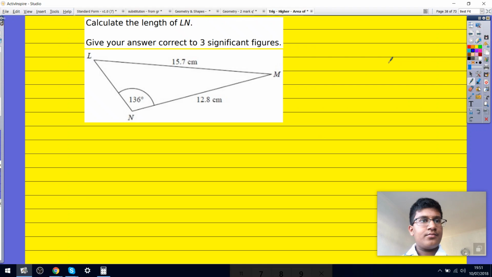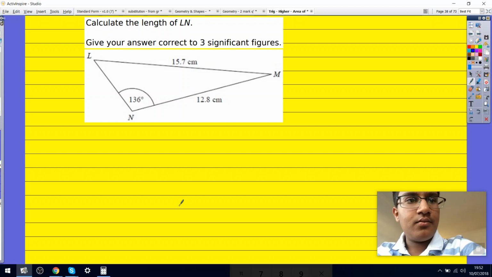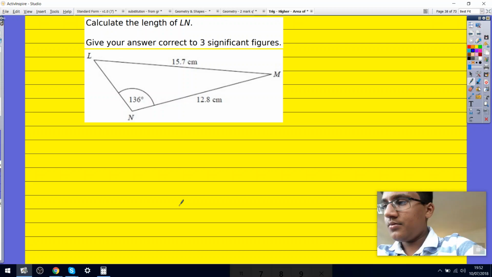Okay, how do we do this? Calculate the length of LN. So for LNM, the angle L, the length LN.